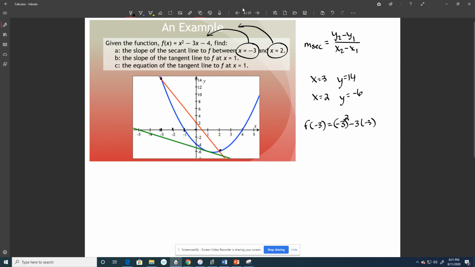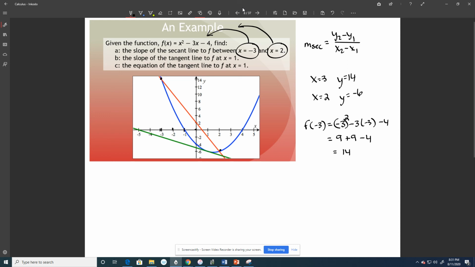I better put that in parentheses or I'm going to make a mistake. Minus 4. So that becomes 9. -3 times -3 is another 9. Minus 4 becomes 18 minus 4 is 14, which is what I thought.